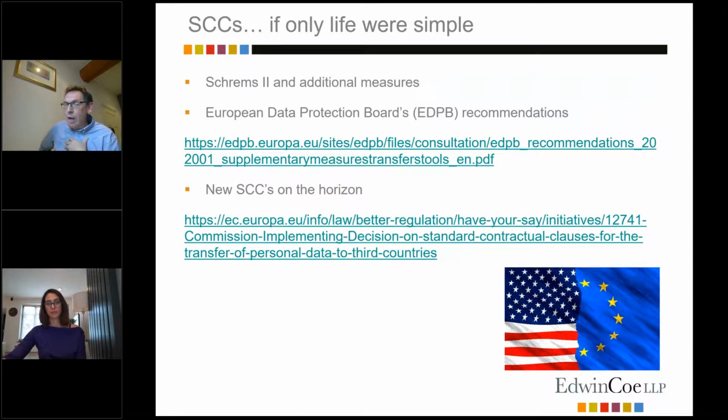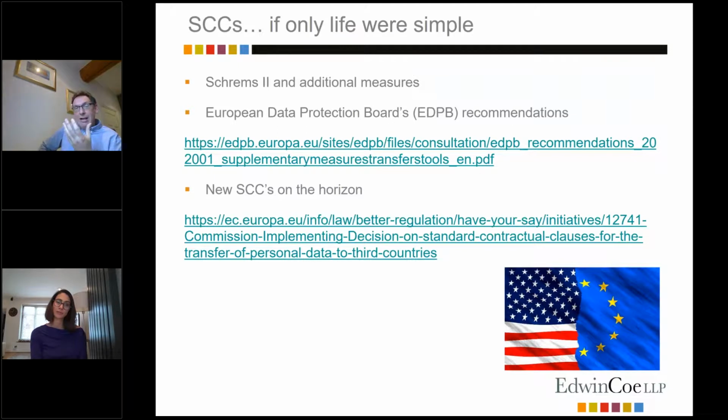That case also went on and had a look at standard contractual clauses, which is why I'm talking about it now, which is why it's so important. The good news is it said that standard contractual clauses are not invalid, so we continue to use them. But what it said was that you need to be careful when you're using them.